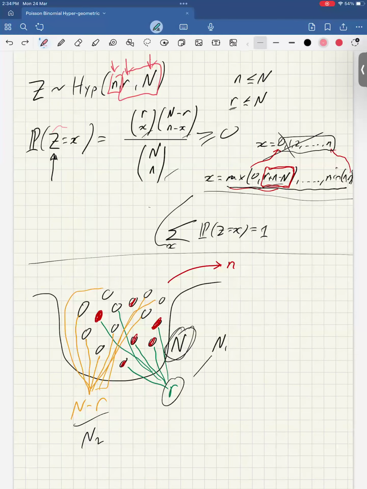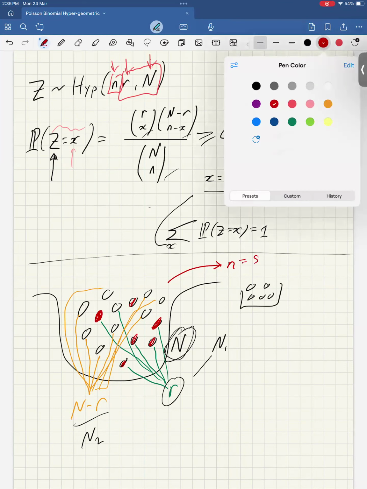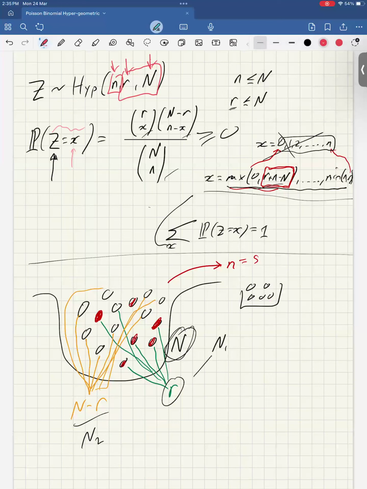And to get the event that you had X of them chosen, so now you've got your little sample, and maybe little n was say 5. So you've chosen 5, and to say that two of them are good, so you've got two red ones, then you'd say X equals 2. So how many possibilities out of 5 do you have 2 good?